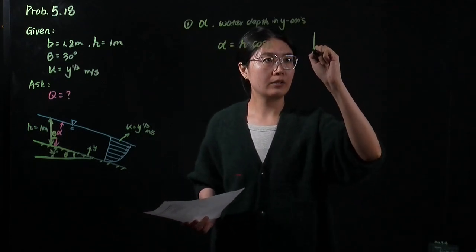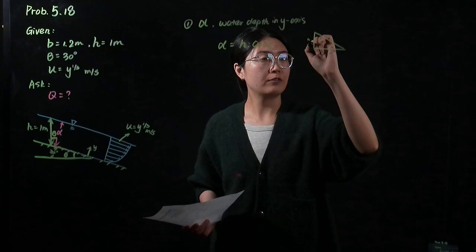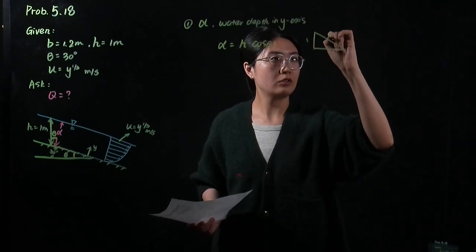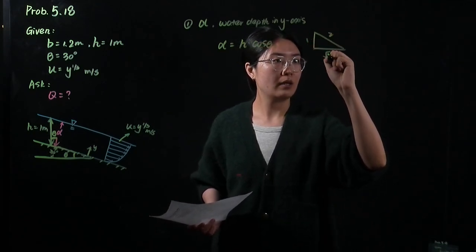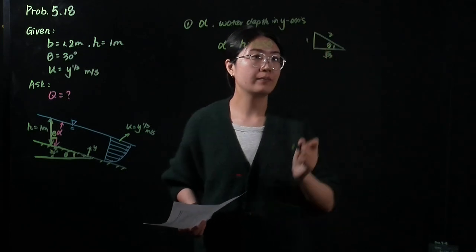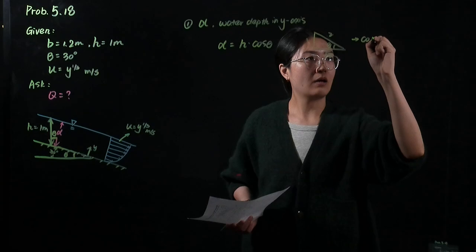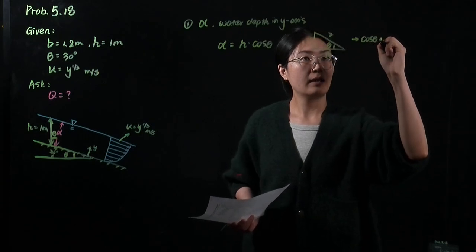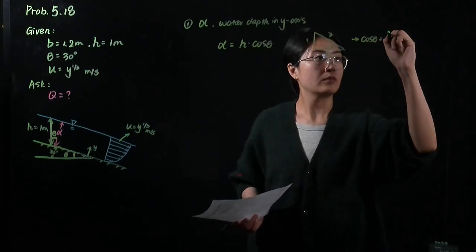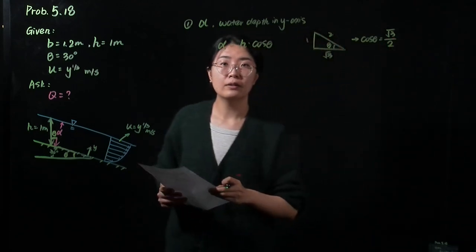And if we draw a right triangle, we could find this is 1, this is 2, this is the square root of 3. This is the theta. So from that, we can know the cosine theta equals square root of 3 over 2, right?